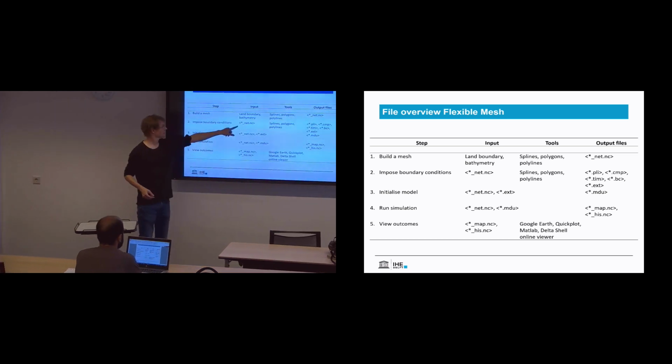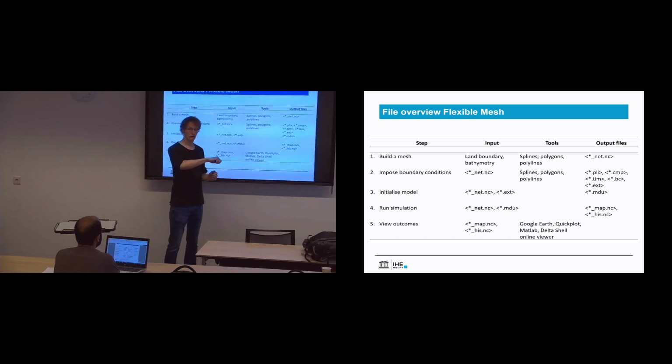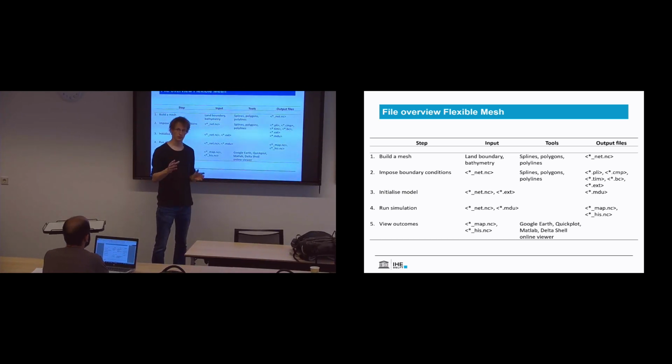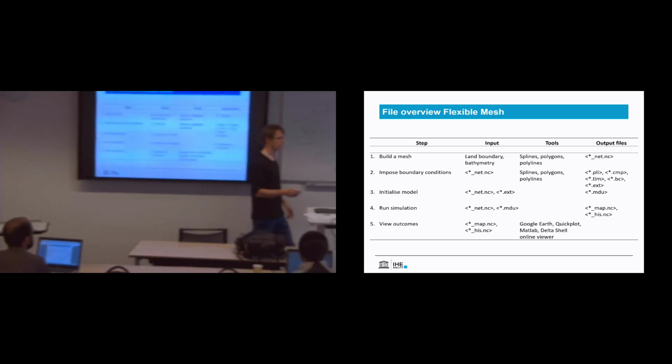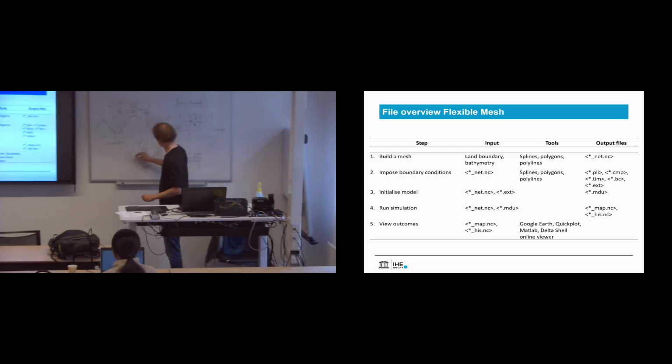So once we have a net and a bathymetry, we can impose boundary conditions, and we do that simply by drawing polygons. So we can draw a polygon along a grid boundary, and then when the model is initializing, what happens is that, so let's say you have a grid here, and I've drawn a polygon like so.